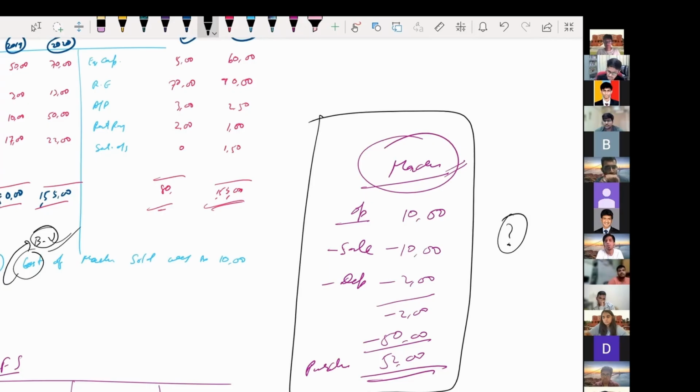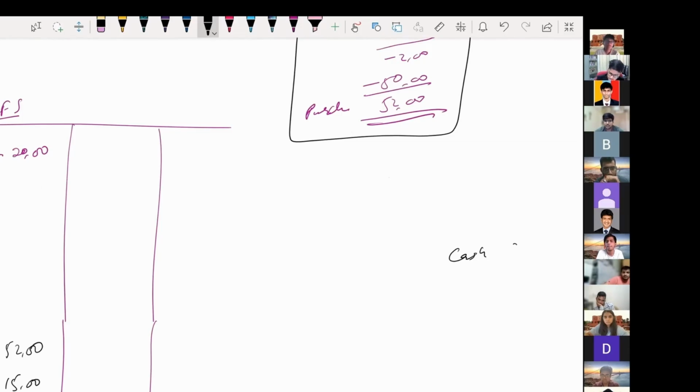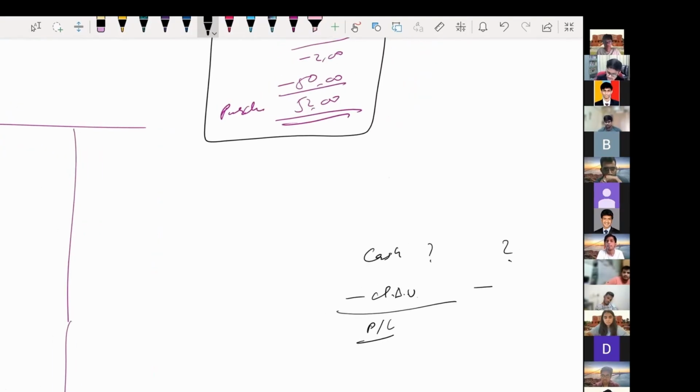It is saying that the closing book value, it's like this. So basically we want to find cash. Cash is the question mark. We subtracted the closing book value and we got profit or loss. We are saying question mark subtracted from that 10 lakh rupees and you are getting 5 lakh rupees.